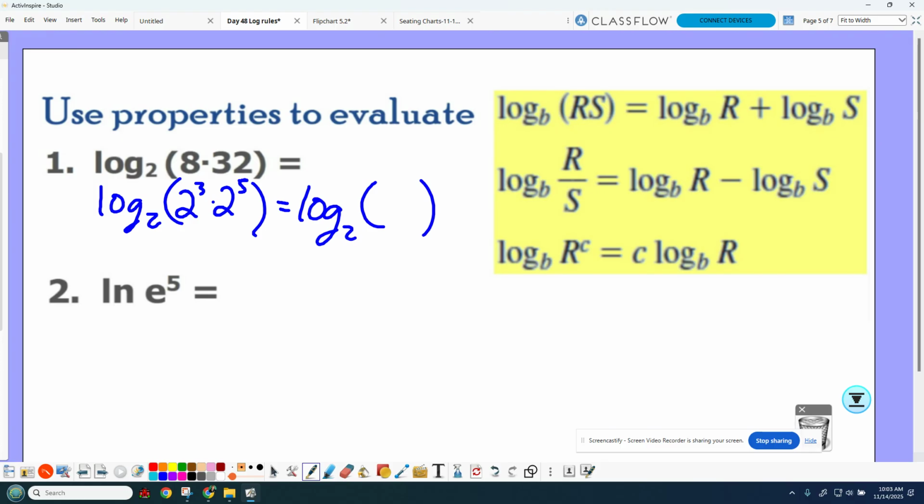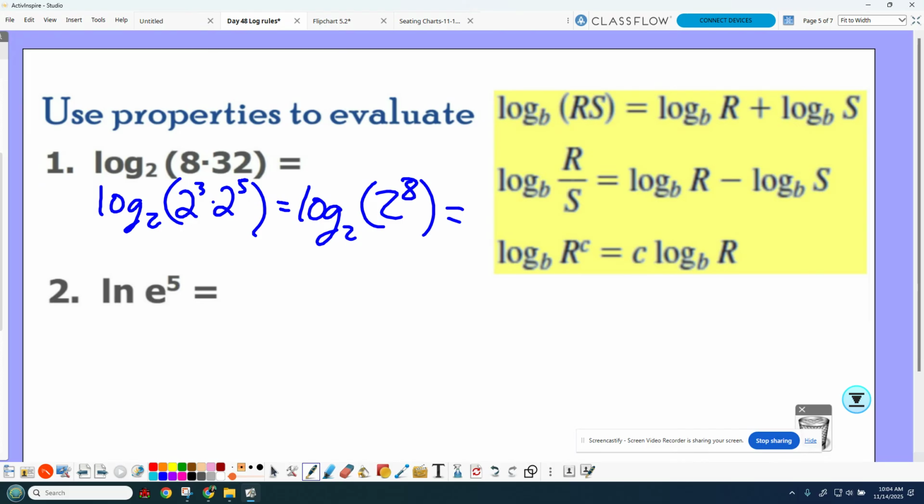Don't go back to making them regular numbers. I want 2 to the something power. Exponents when they're the same base, oh, you add them? So it's going to be 2 to the 8. There you go.